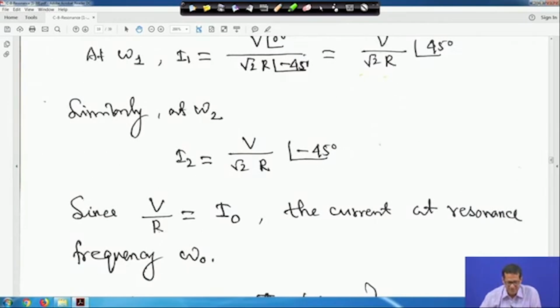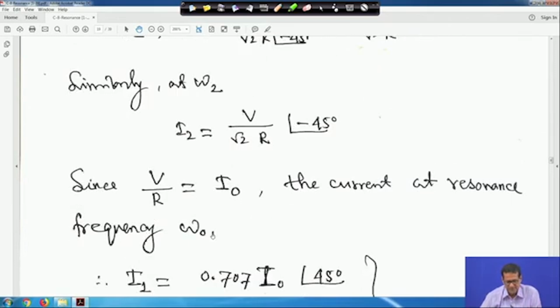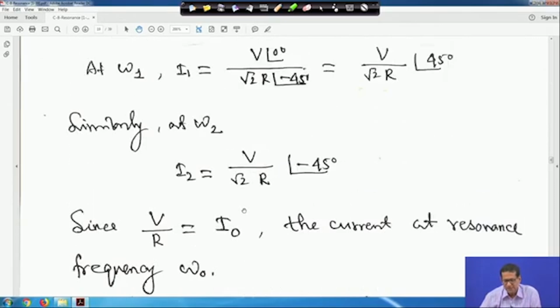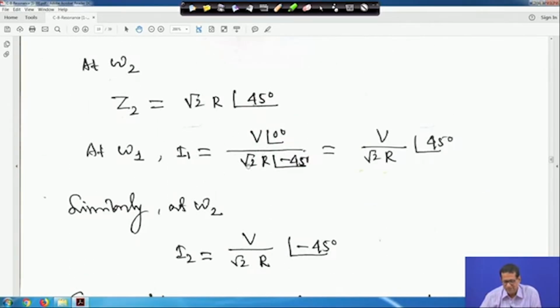Since V by R is equal to I0, because at resonance XL minus XC is equal to 0 and the current is maximum, Z will be simply R, therefore I0, the maximum current at resonance at omega 0, is V upon R. Therefore we can write I1 is equal to I0 times 1 upon root 2.